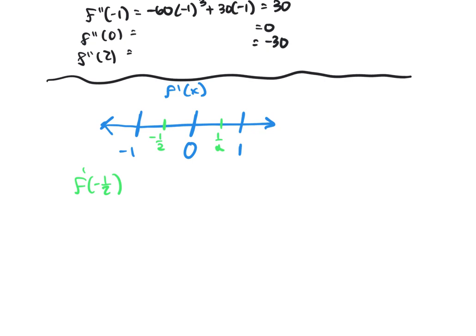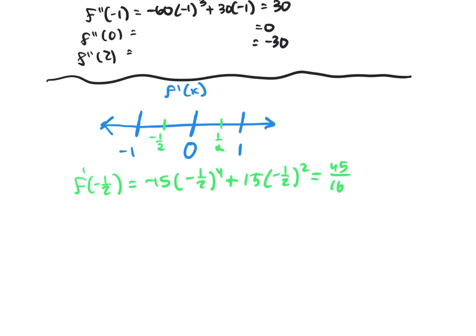So you notice through this process, I plug numbers into the function at times, then the second derivative, now the first derivative. And that's going to be -15 times -1/2 to the fourth plus 15 times -1/2 squared, which is going to be positive 45 over 16 when you change that back to a fraction.